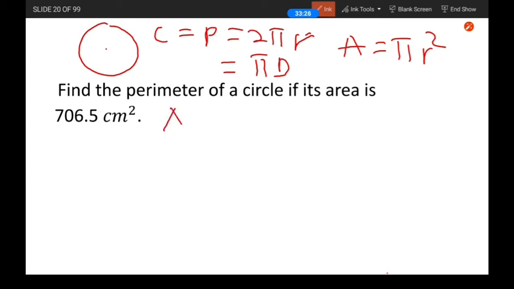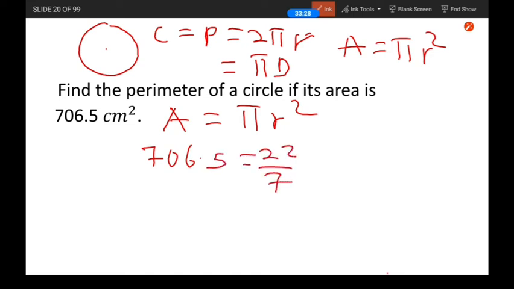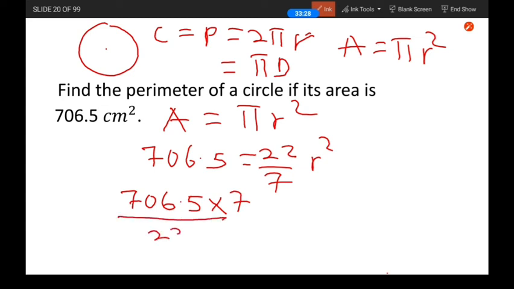Now find the perimeter of a circle if its area is this. Now they are giving us area, and area is pi r squared, and we have it as 706.5. Using pi as what you are given, please, you have to follow it in the exam strictly. We can cross multiply here such that we have 706.5 times 7, then divided by 22 to get our r squared. Is that okay?